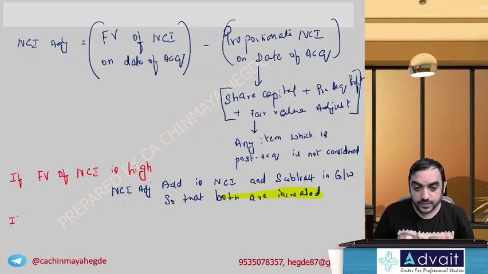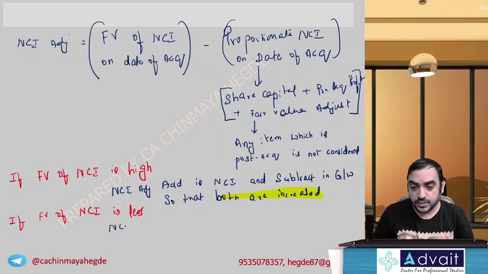If fair value of NCI is negative, in the sense fair value of NCI is less than the proportionate NCI, then what should we do?